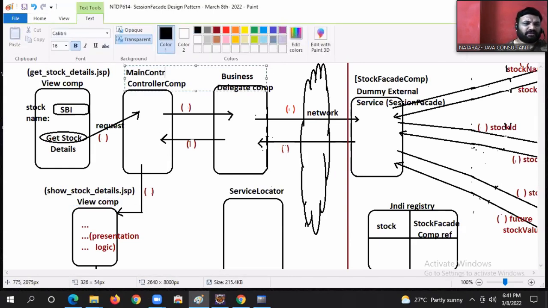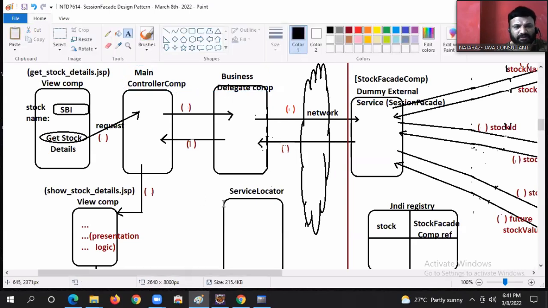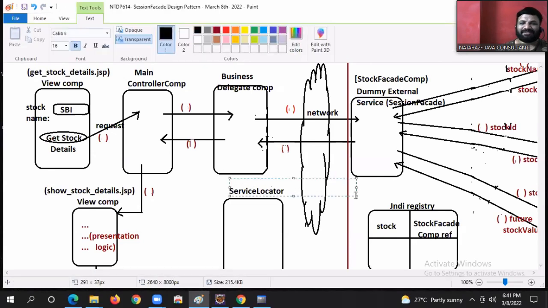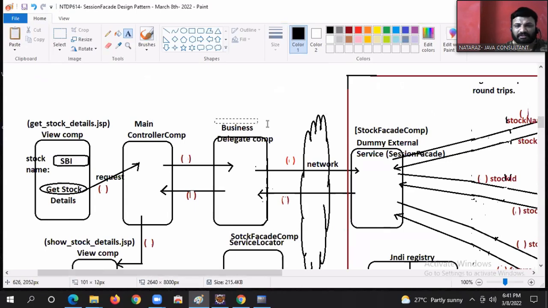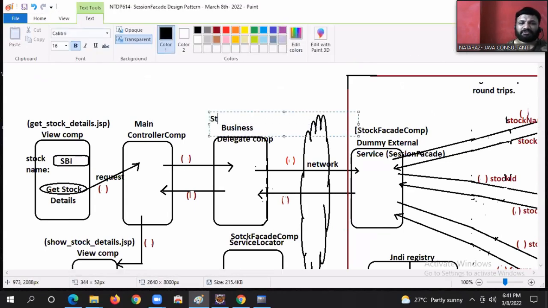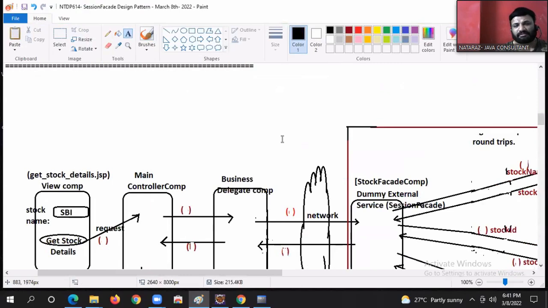Next, main controller component. Nice. Main controller component. Next one, StockFacade component, service locator.